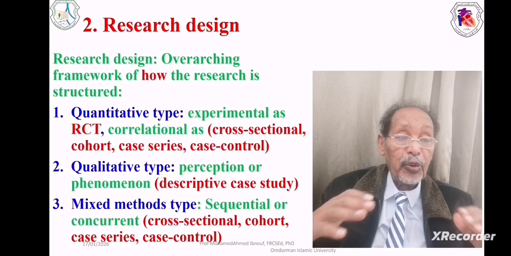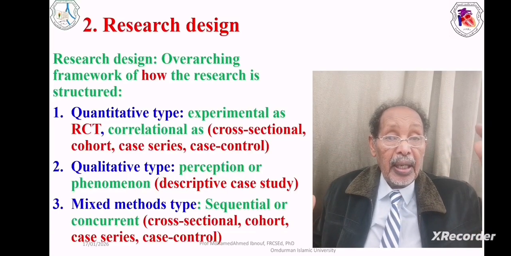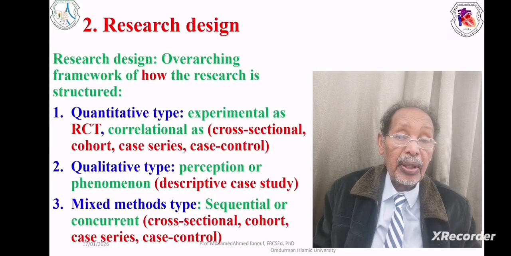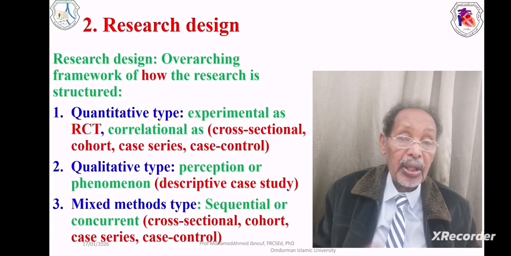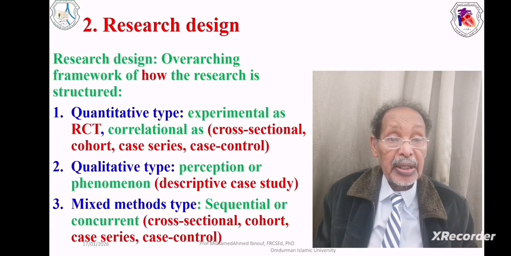The data forms an overarching structure. Inside this overarching structure, there is a structure which can be a cross-sectional structure or cohort structure, case series, case control. All are sort of descriptive studies and can be mixed also.